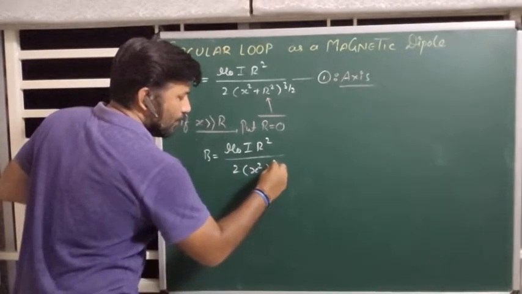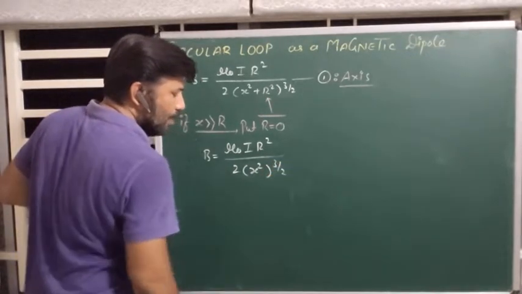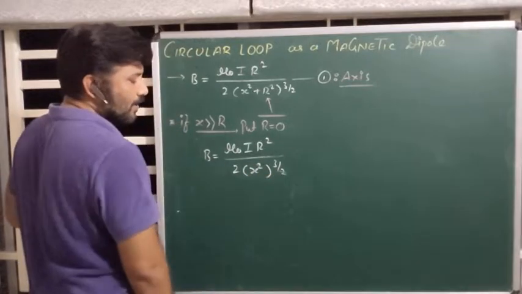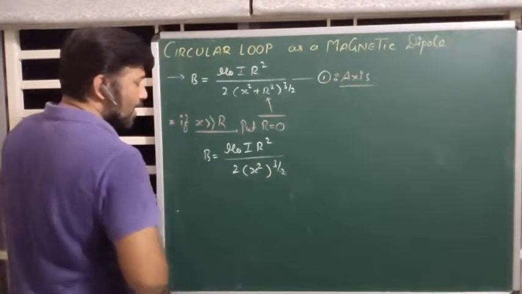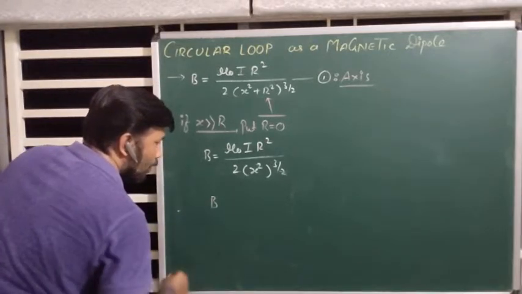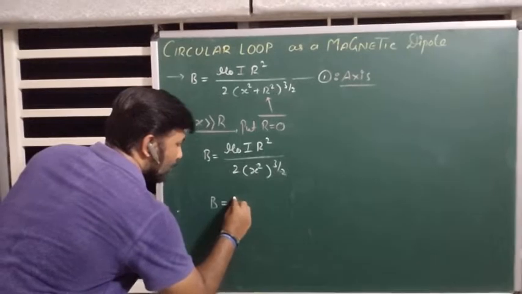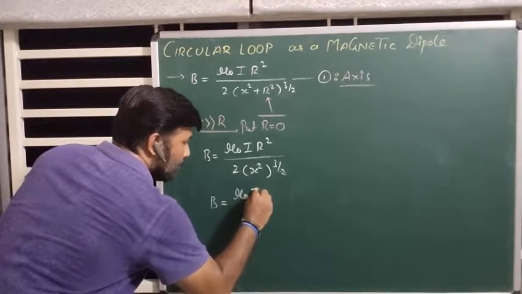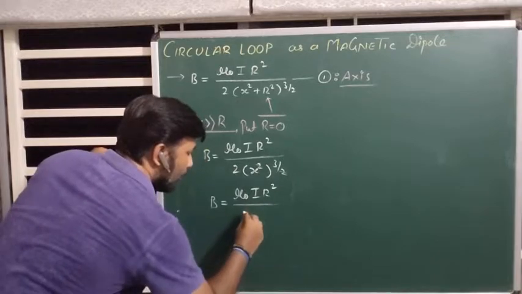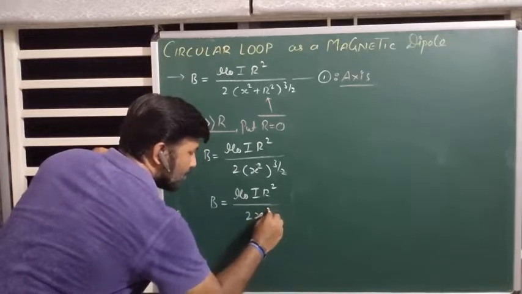What will remain? Only 3 by 2, so the 2 will cancel out. Finally, we have the equation of magnetic field on axis equal to mu 0 I R square upon 2x cube.